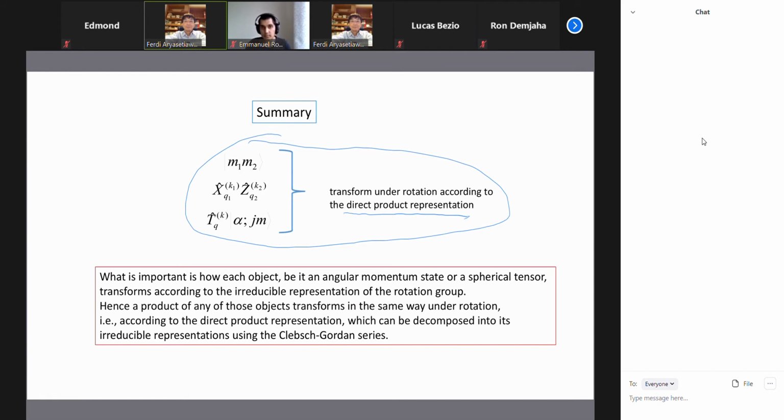And then we can use the decomposition formula, sometimes called the Clebsch-Gordan series. That is basically just transforming the matrix into this block form. These are the block forms, and these are the Clebsch-Gordan coefficients. So the algebra is identical to the algebra of adding or forming the compound states in angular momentum.